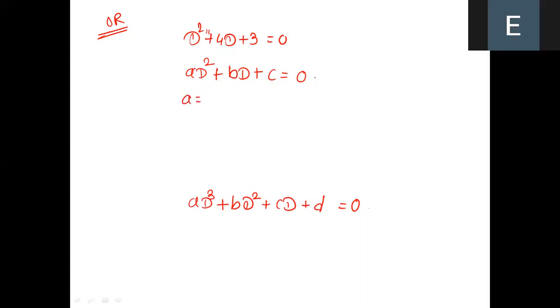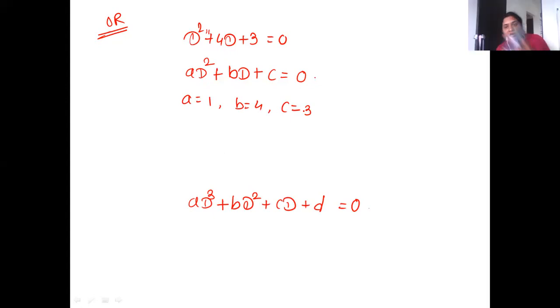A is 1, B is 4, C is 3. So write 1 for A and press equal. Now they are asking for B, so press 4 and equal. Again they are asking for C, so press 3 and equal.